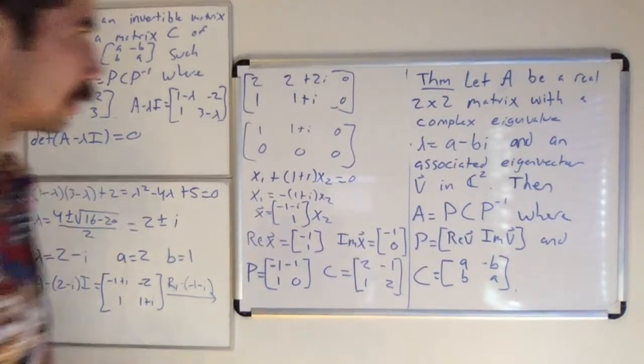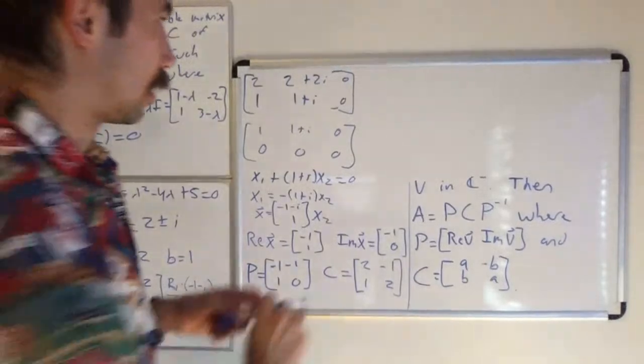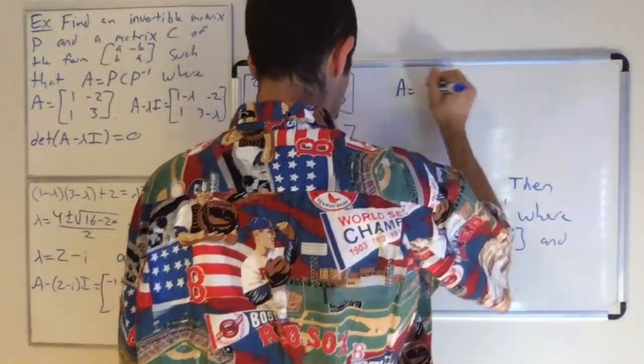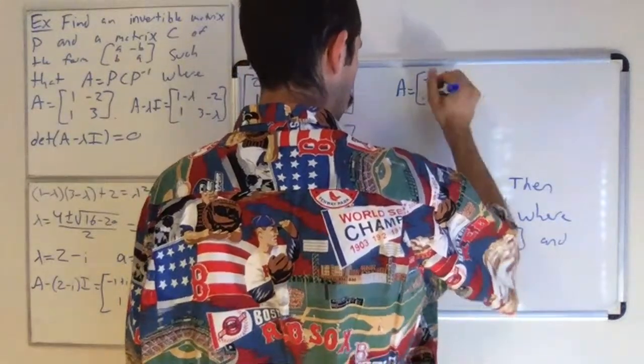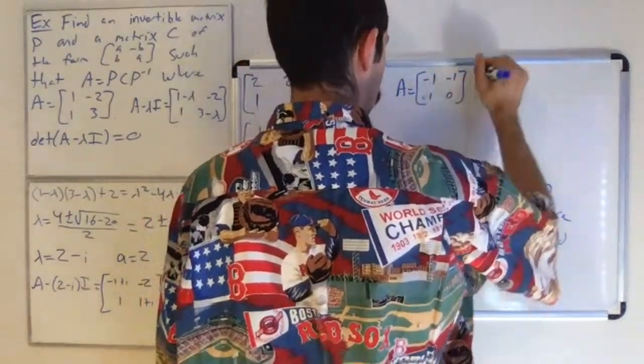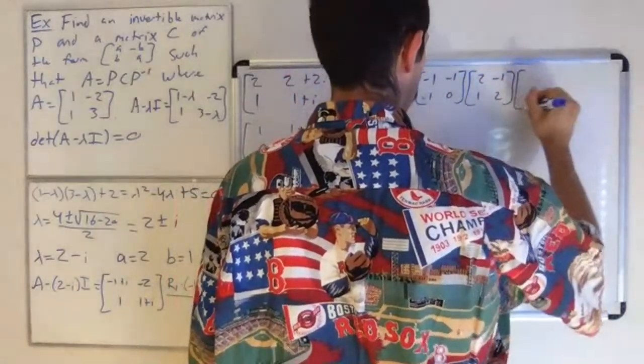Okay, and you could check, the theorem tells us that A is equal to -1, 1, -1, 0, times 2, 1, -1, 2, times the inverse of this matrix.